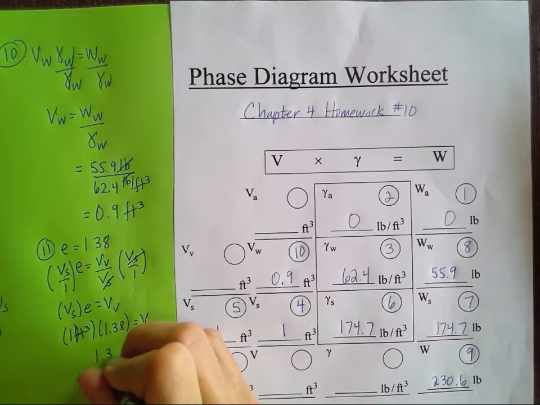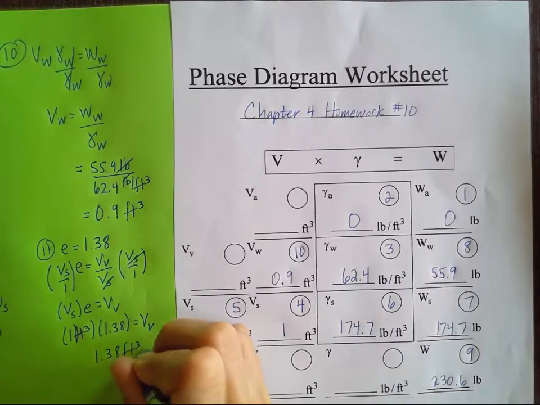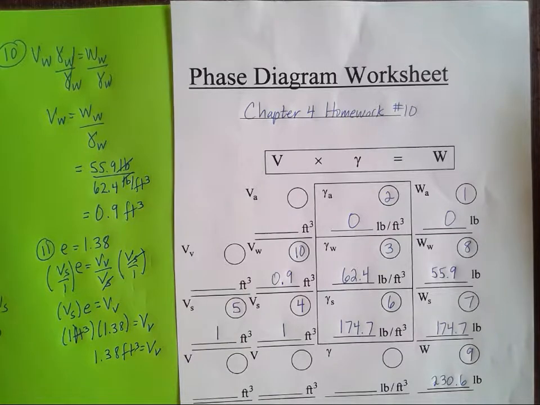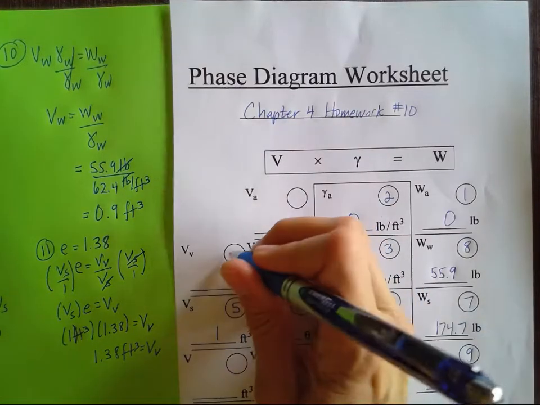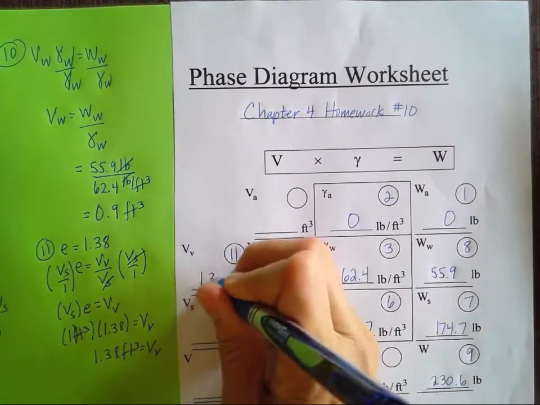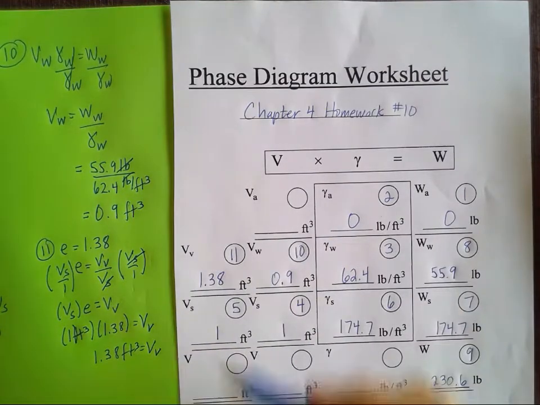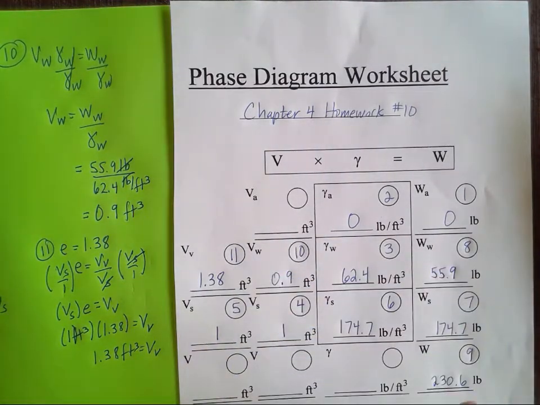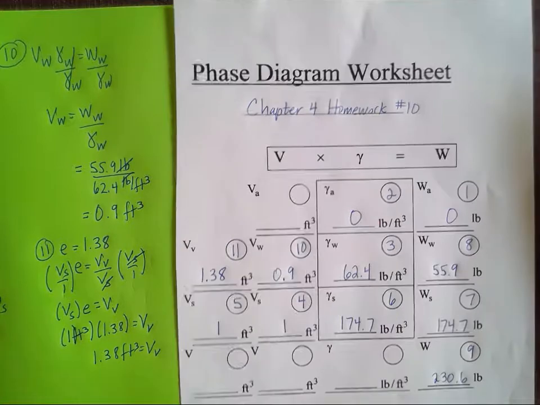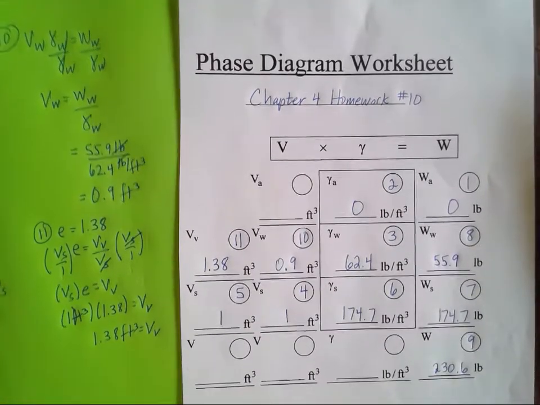It's just 1.38 cubic feet is my volume of the voids. So I'll go ahead and put that in here for number 11, 1.38. Oh, now I can see I've got a column ready to go here for my total volume, and just add that straight down for number 12.